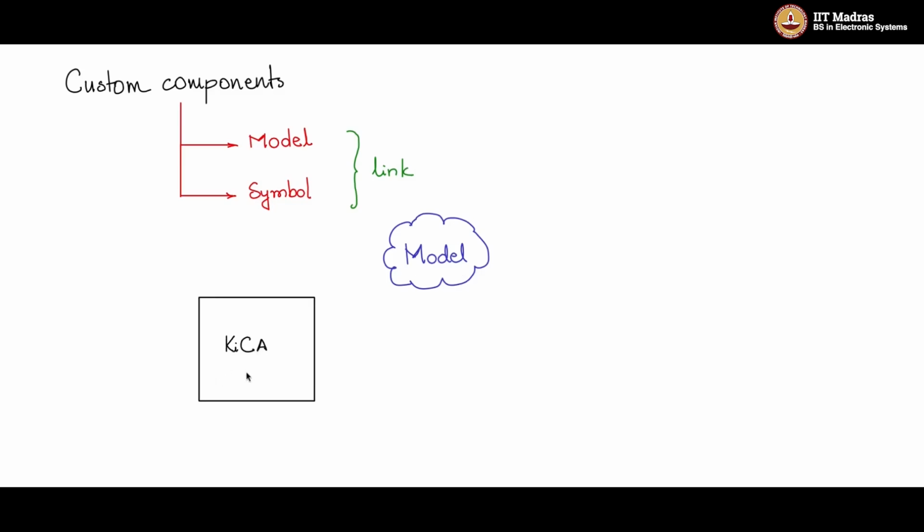And in KiCad, we will have a specific symbol made, and that symbol will be linked with the location of this library file which contains the model of that special component. Once that is done, when you generate the netlist, the information of this model linked to this symbol is passed on to the netlist.